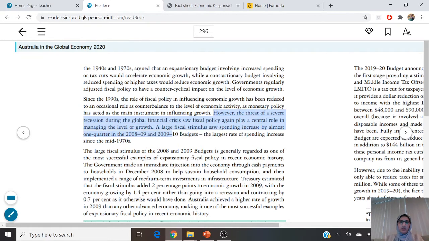A large fiscal stimulus saw spending increase by almost one quarter in the 2008-2009 budget, the largest spending increase since the 1970s. I would like you to write this down, because this is a very good comparison you can make in your essay responses. Perhaps in your essay responses, I would write about COVID, and then compare that to the GFC and the 2019 recession.